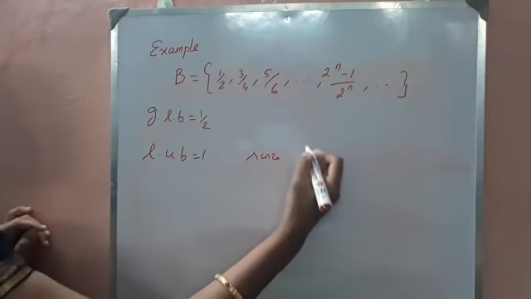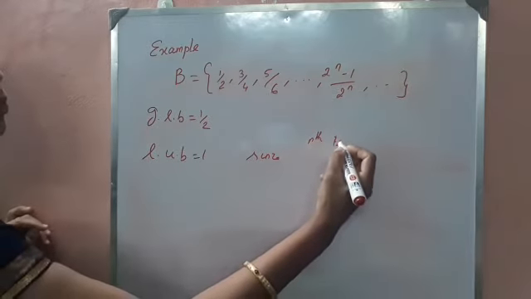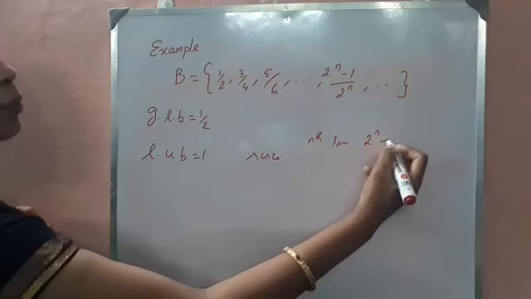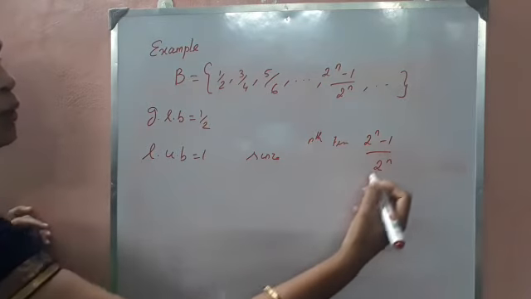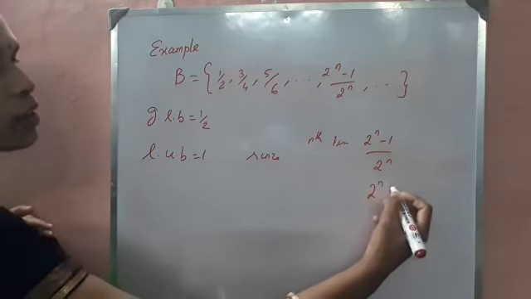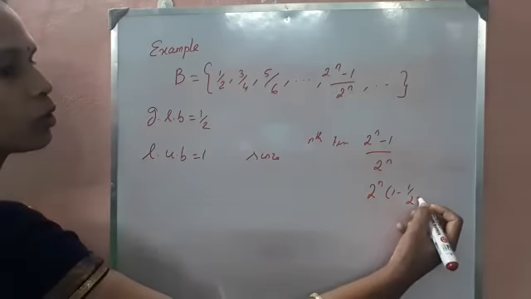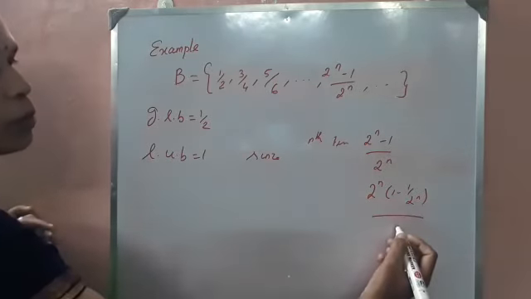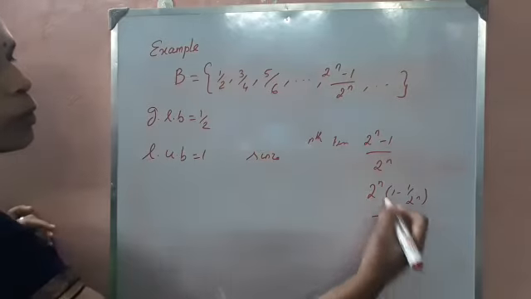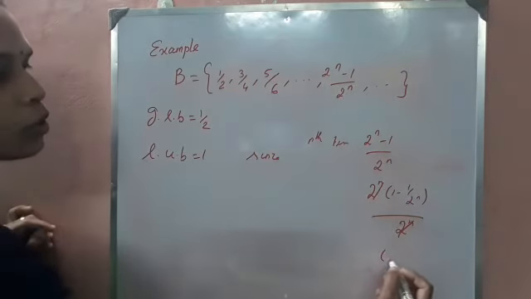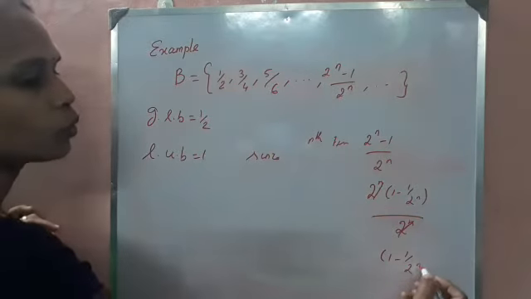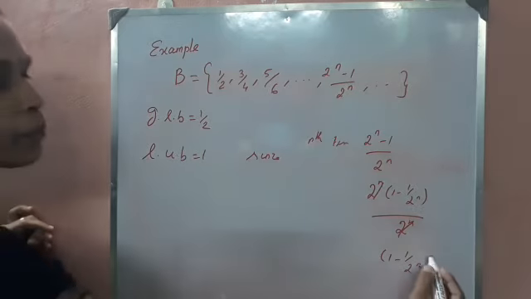Solving the nth term, you get 1 - 1/2^n.